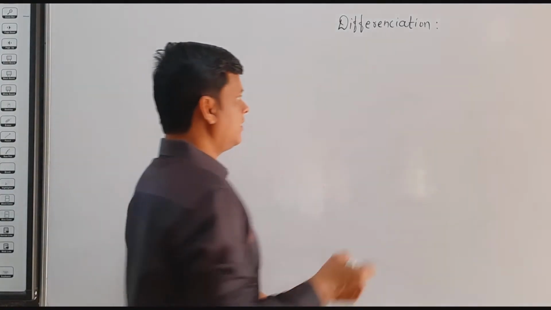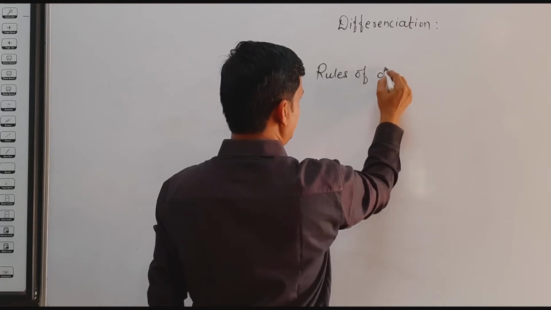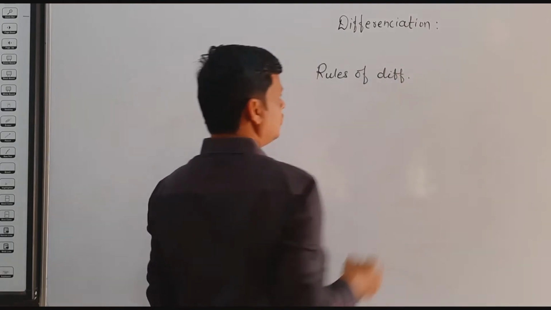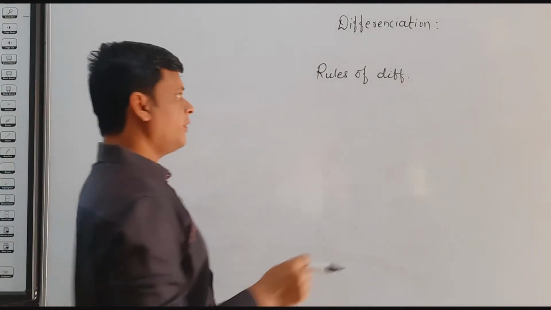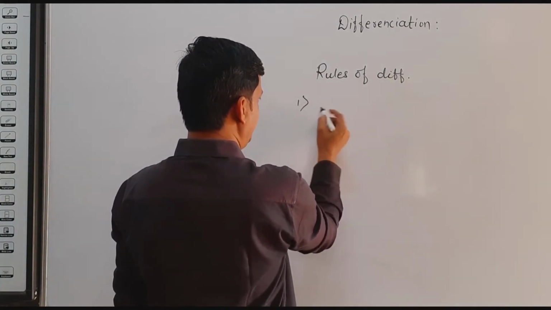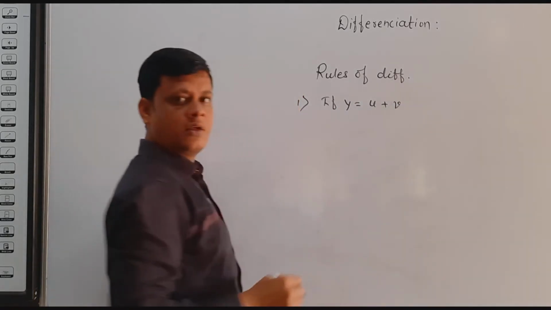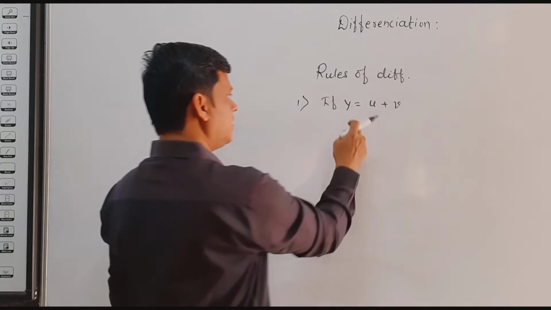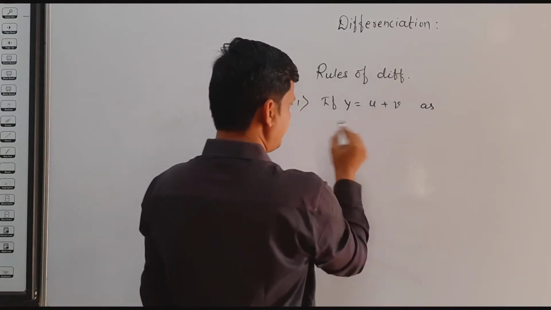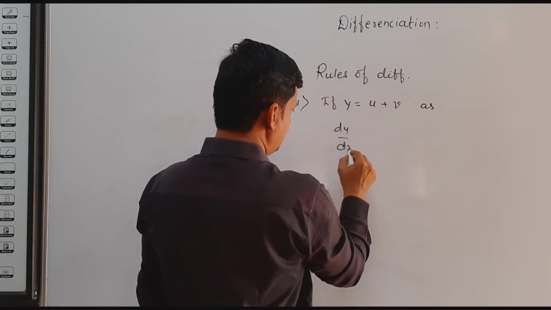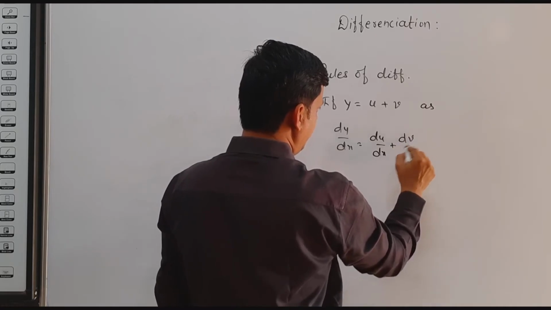Then next topic, rules of differentiation. While differentiating a function, we follow some rules. If two functions are in addition form, that means if y is equal to u plus v, then we differentiate this as dy by dx is equal to du by dx plus dv by dx.